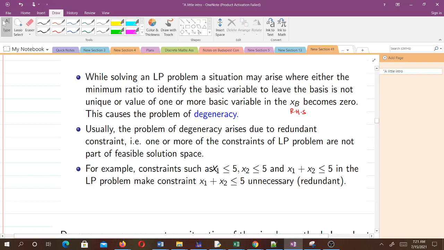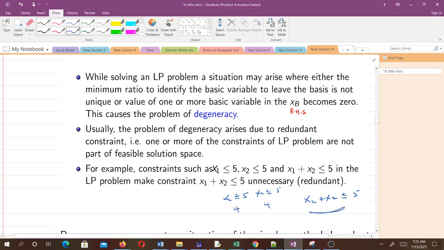For example, consider this problem, where we have the constraints x1 less than or equal to 5, x2 less than or equal to 5 as well, and x1 plus x2 less than or equal to 5 in the LP problem. Since our first constraint is x1 less than or equal to 5 and x2 is less than or equal to 5, the constraint x1 plus x2 less than or equal to 5 becomes redundant or unnecessary, because what if x1 is 4 and x2 is 4?